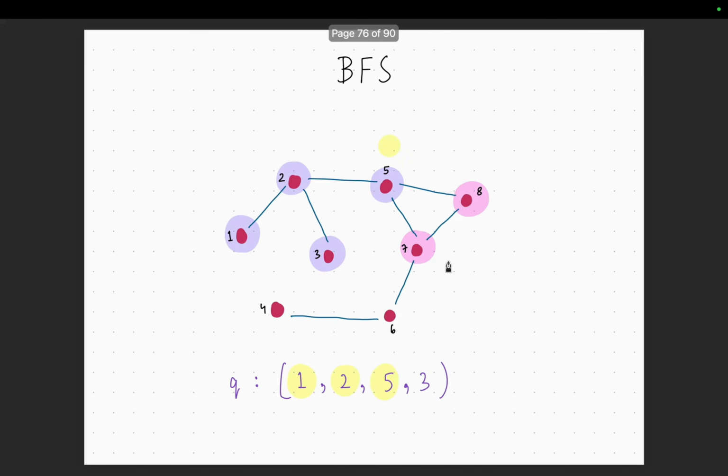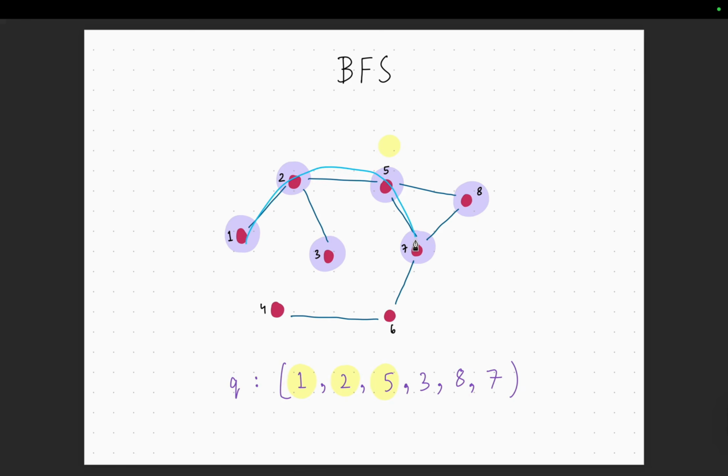And for DFS also you can use a similar argument. You never revisit a visited vertex, so you visit each vertex only once. Actually you visit each vertex twice, because once while going there and once while coming back.